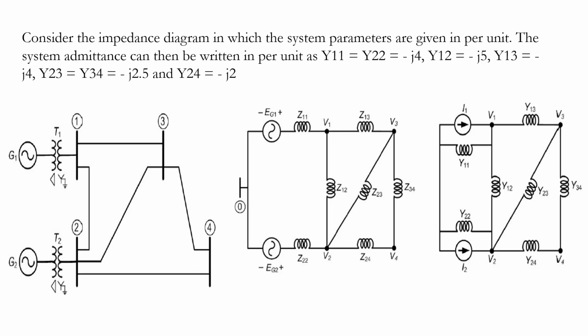Now we have Y11 equal to Y22 equal to minus j4. Between 1 and 2, Y12 is minus j5. Between 1 and 3 it is minus j4. Between 2 and 3 it is minus j2.5, and between 2 and 4 it is minus j2.